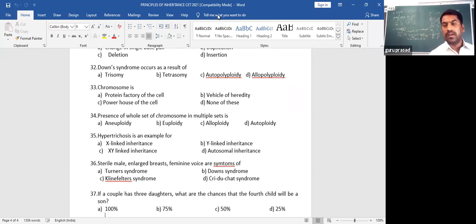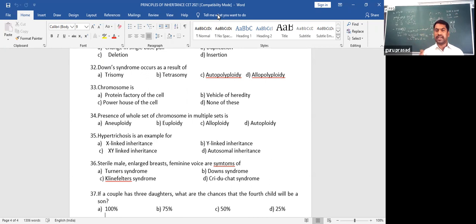Cri-du-chat syndrome, as I told, is a partial monosomy of an autosome where the short arm of the fifth chromosome will be deleted. One of the fifth chromosomes, not both of the pair, only from one chromosome, the short arm is deleted. When submetacentric chromosomes are formed, one is the long arm, another is the short arm.